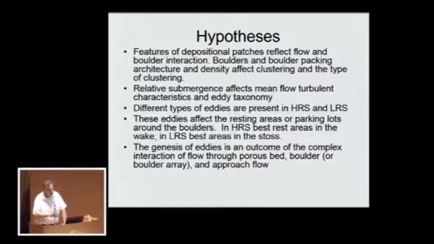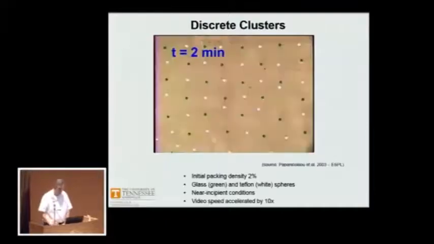And as we're going to see, there are distinct differences where those resting areas are in that interstate that I call gravel bed river. And then the genesis of eddies is an outcome of the complex interaction that the previous talk also addressed.